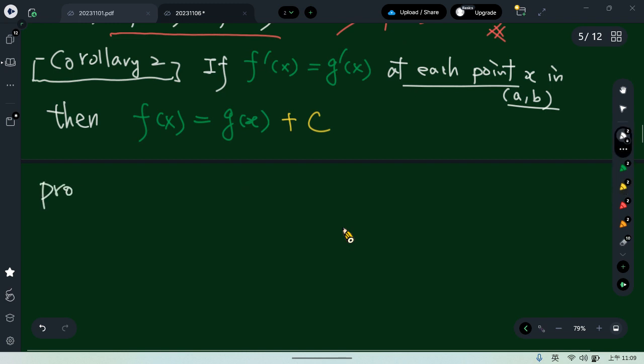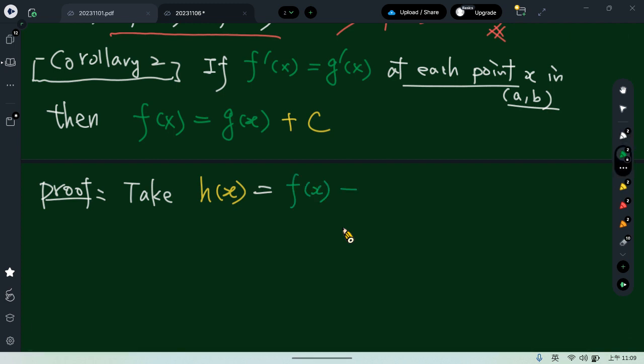When I show you how to prove it, I just threw in the proof to remind you of the concept of the mean value theorem. So when I want to prove it, please just take h of x is equal to f of x minus g of x.